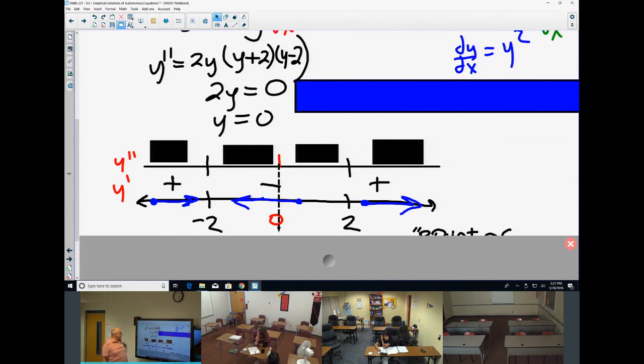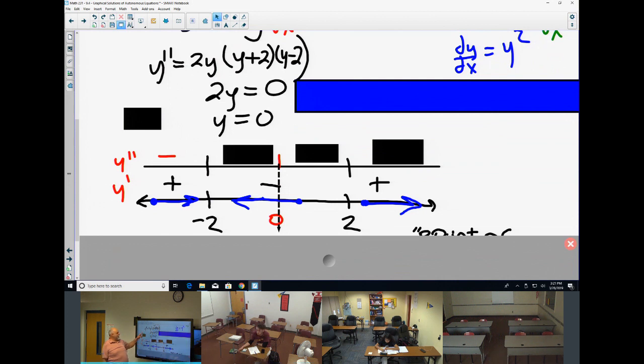All right, so to the left of -2, is the second derivative positive or negative, Tobias? I got positive. Let's see. So what's a number to the left of -2? -5.